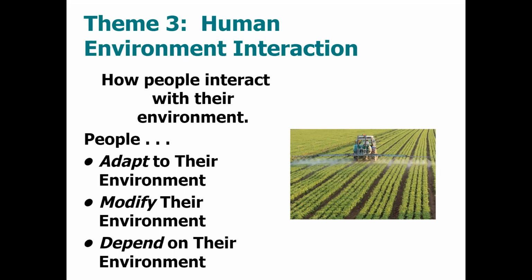So looking at this picture, thinking about our own community, what do people depend on this environment for? Fields, food, right? They depend on this environment to grow crops, right?